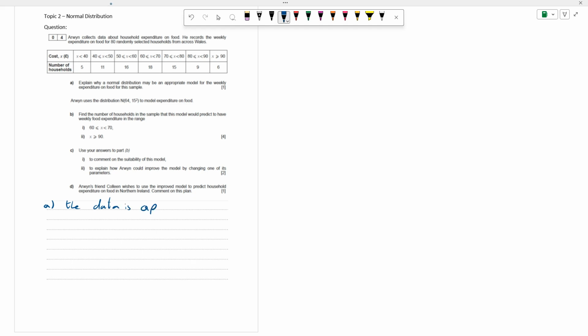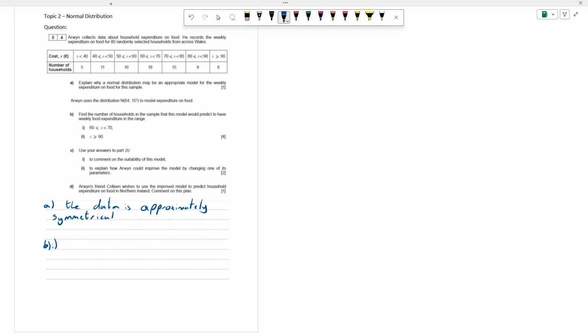You've got to have that word approximately. If you haven't got that word, it's not exactly symmetrical, so I can't say it is symmetrical, but it is approximately symmetrical. That's enough to get me the mark. You could have also said, as I started before, it peaks in the middle and it tails off either end. So basically describing, but again, it's approximately, it's not exactly. That's what's going to be important for that part.